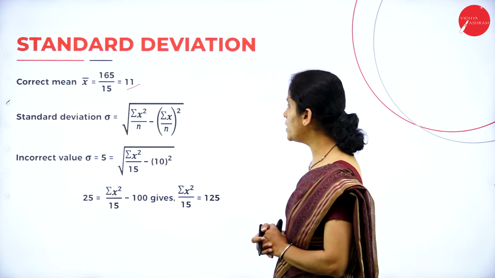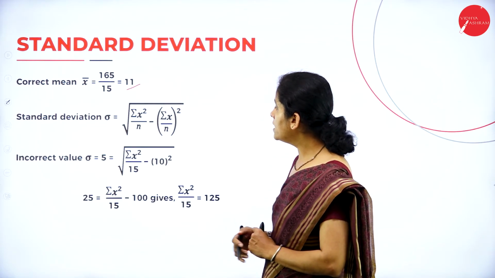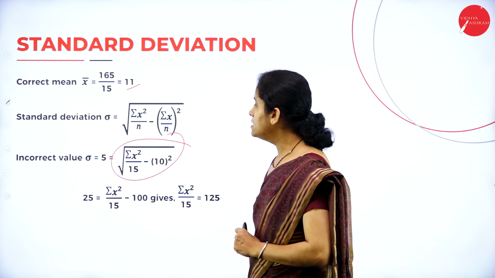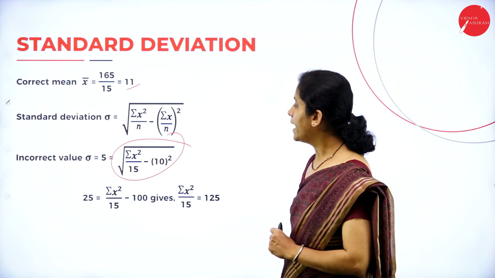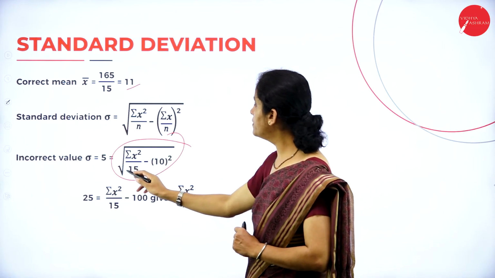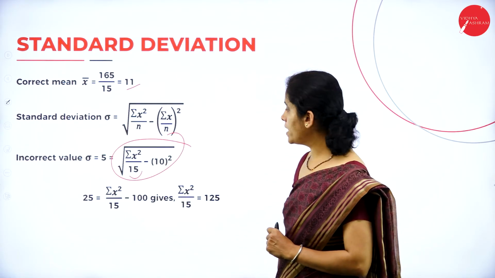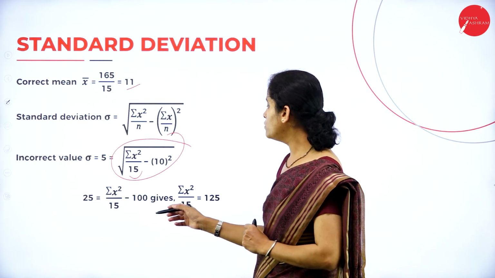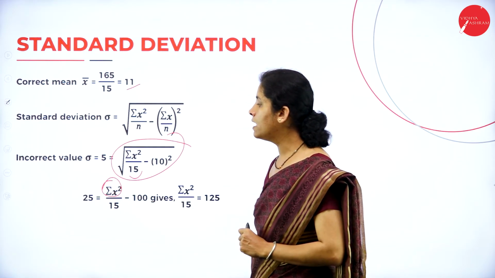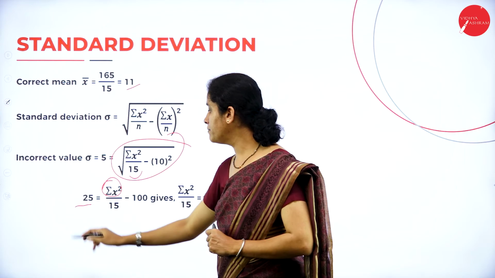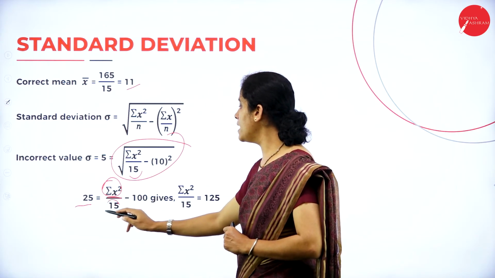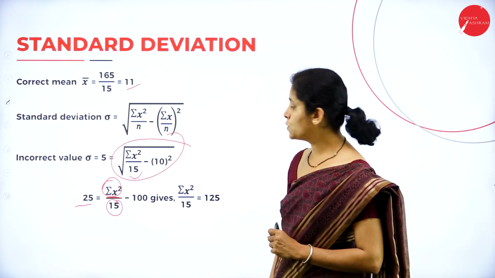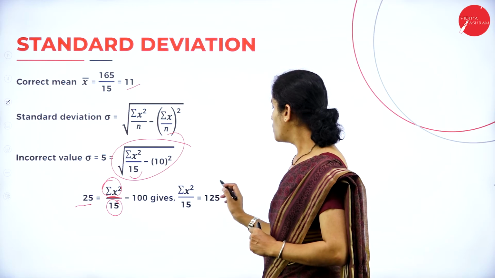So here, to find the incorrect value, that is sigma x square by n, that is nothing but 15 minus 10 square. So here in the sense I want to find out sigma x square, and in the given data I have 25, which is equal to sigma x square by 15 minus 10 square, which is going to give sigma x square equal to 1875.